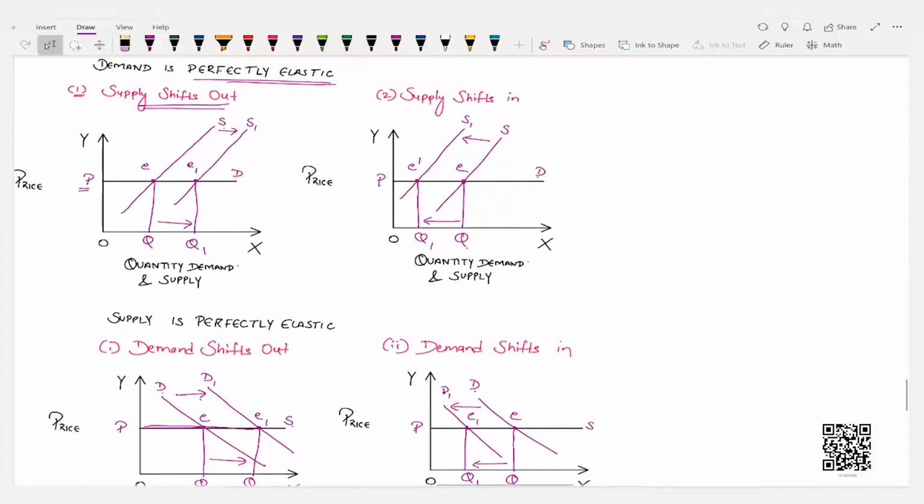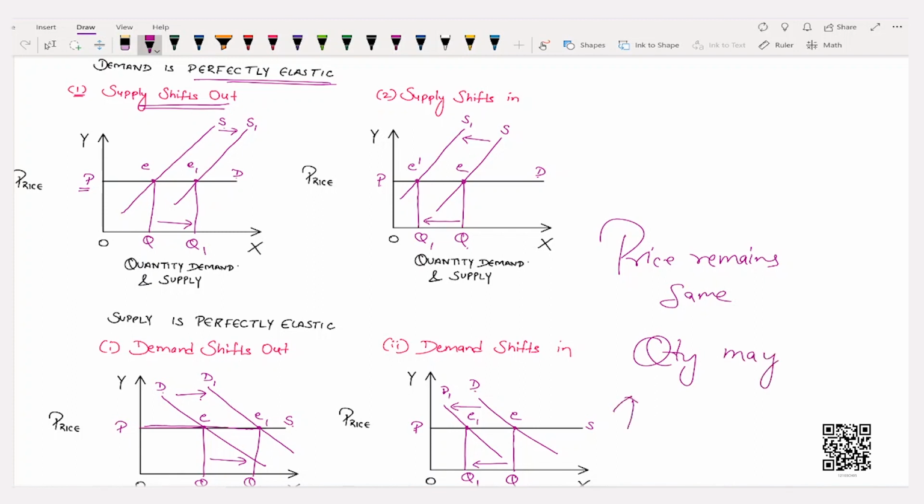So to conclude, when demand or supply is perfectly elastic, price remains the same. So price will be the same, but quantity may increase or decrease.